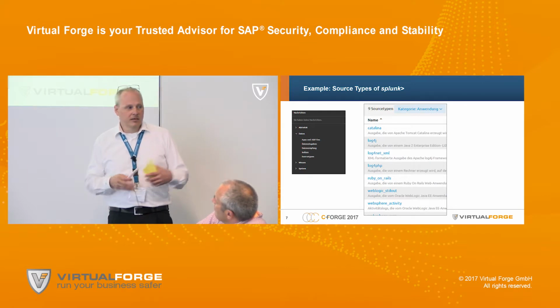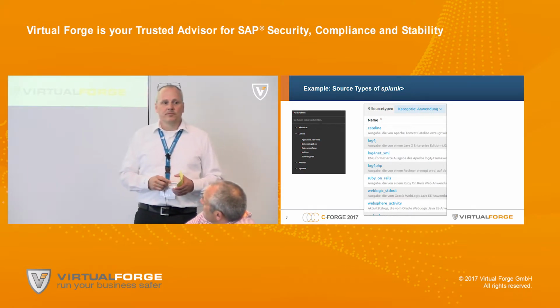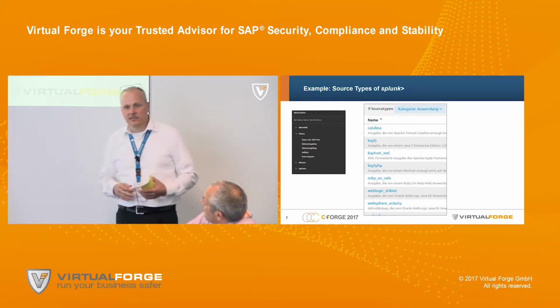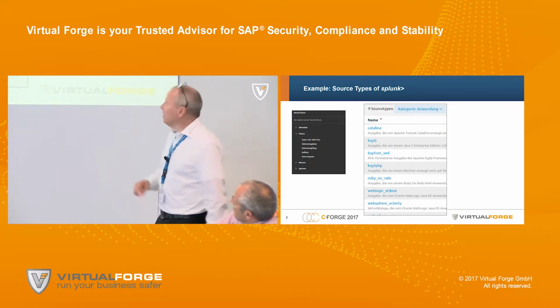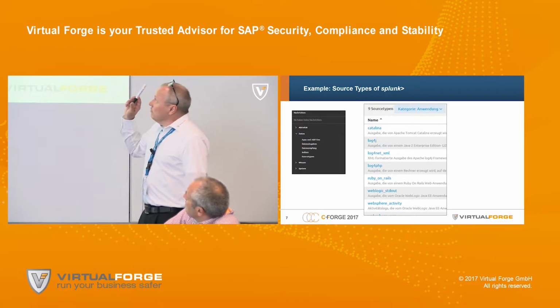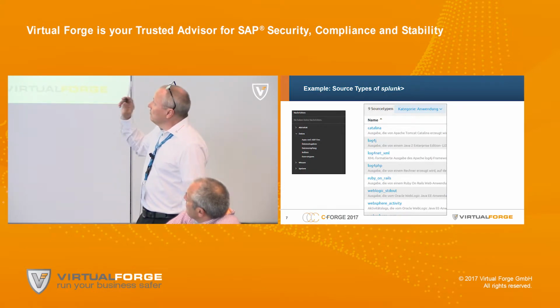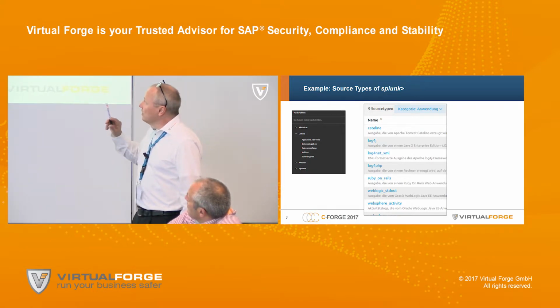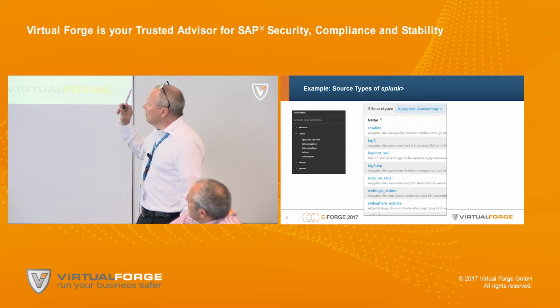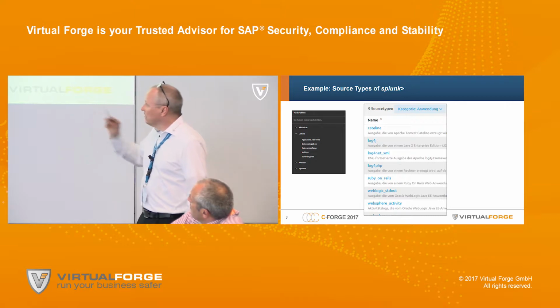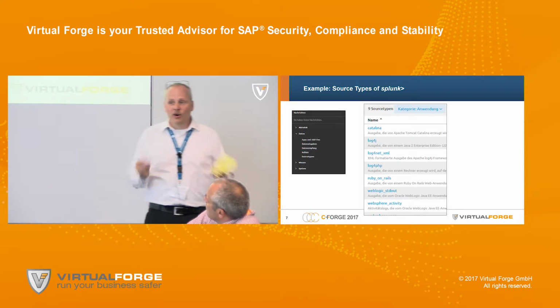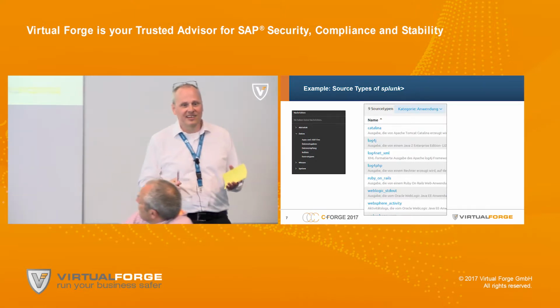So they are provided with a delivery, the definition of these source types. And as you can see, there are logs from Tomcat, from Java instances, from Ruby on Rails web applications and Oracle applications. But there are no SAP logs in the list.